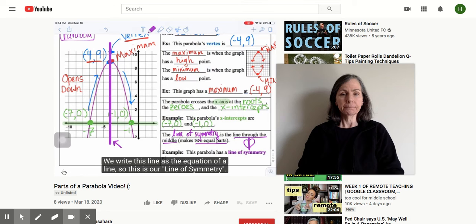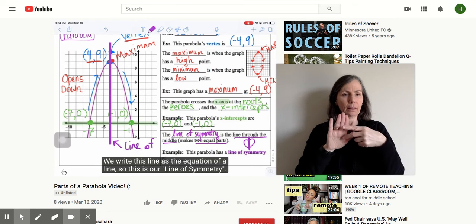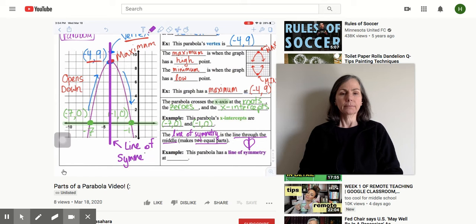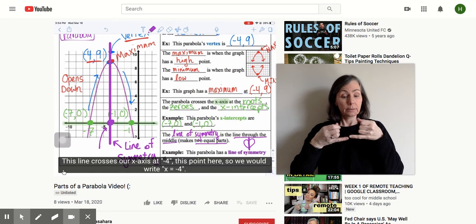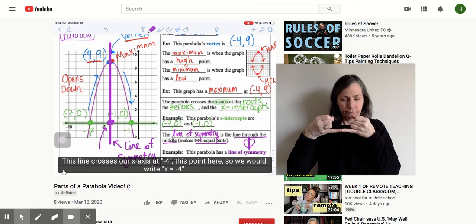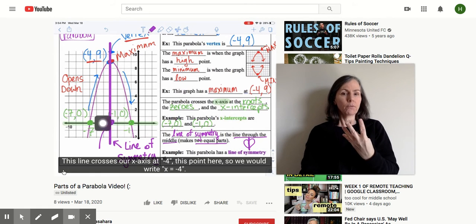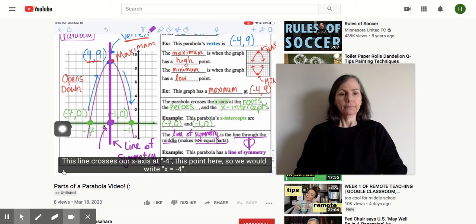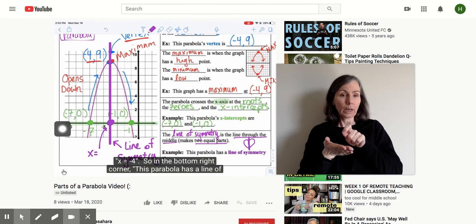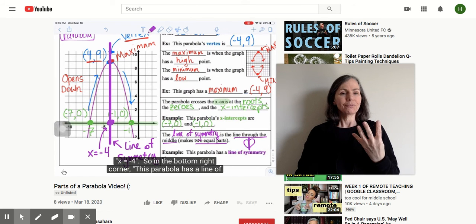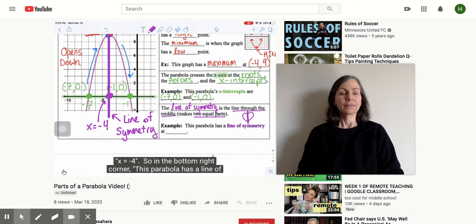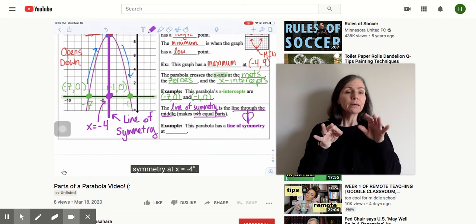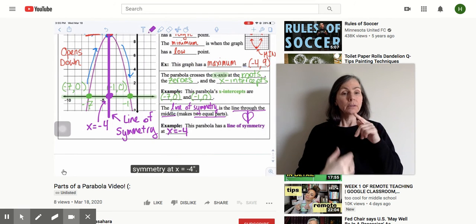So this is our line of symmetry. This line crosses our x-axis at -4. This point here. So we would write x equals -4. So in the bottom right corner, this parabola has a line of symmetry at x equals -4.